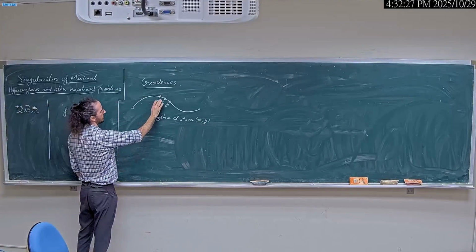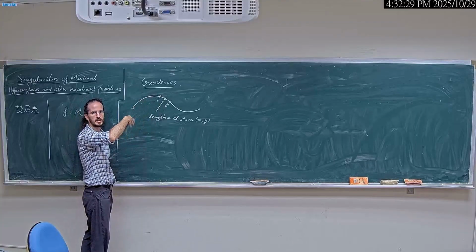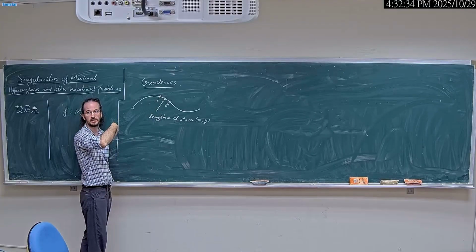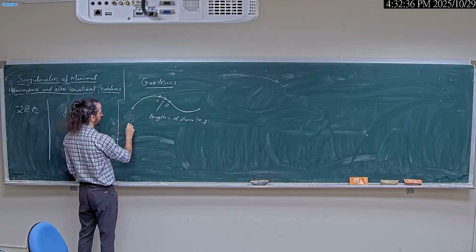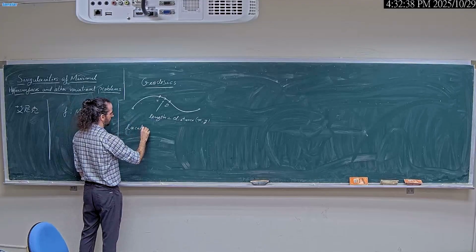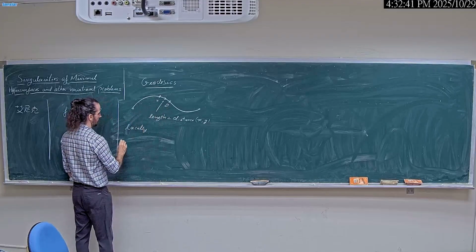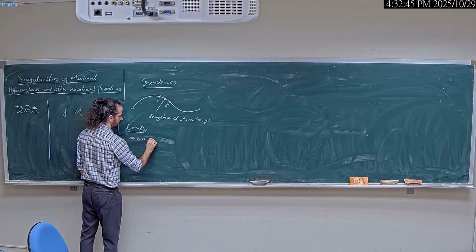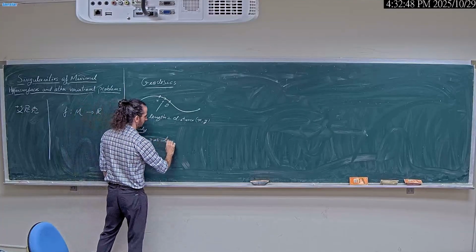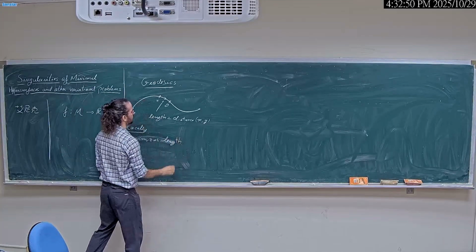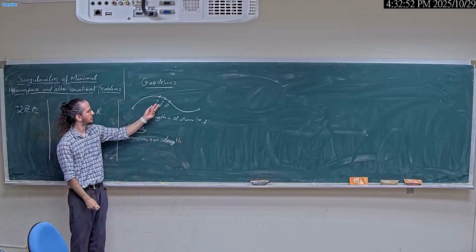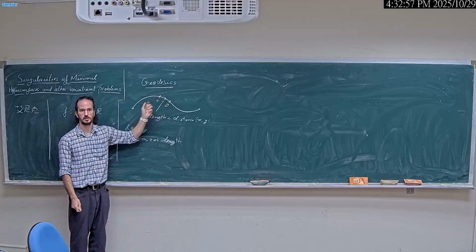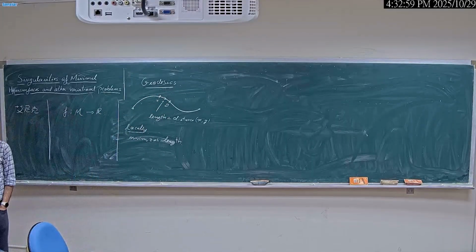So in other words, among all the curves connecting x to y, this one minimizes the length. So locally, a geodesic minimizes length. If these 2 points are very close together, any other curve connecting x to y is going to have length higher than this one.